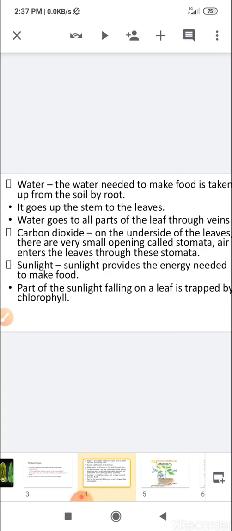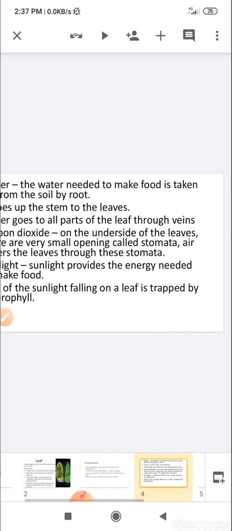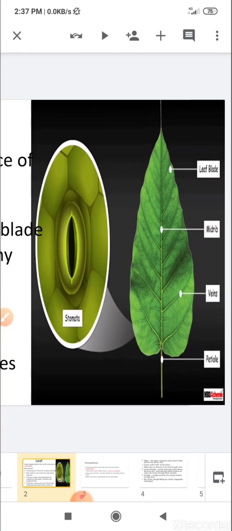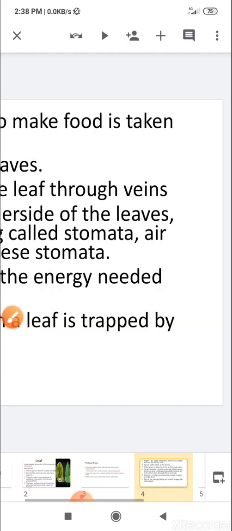Water goes to all parts of the leaves through the veins. You have seen the structure, these are the veins, and these are the side veins which carry the water through all parts of the leaf.